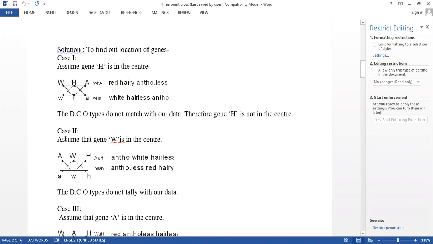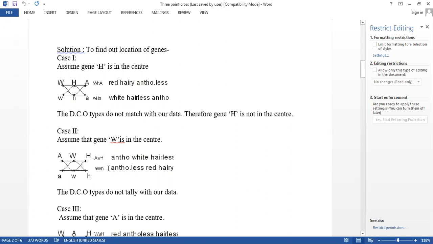Case number 2. Assume that gene W is in the center. So how will you get it? Capital A, capital W, capital H. Small a, small w, small h. Show the double crossover: capital A, small w, capital H, and small a, capital W, small h.